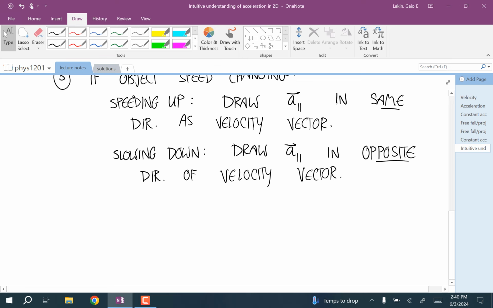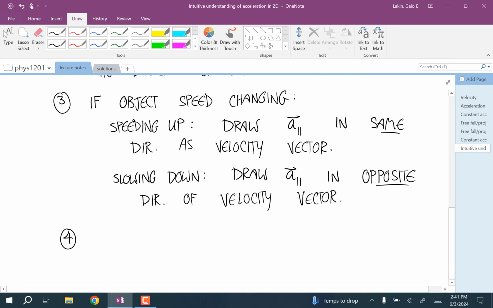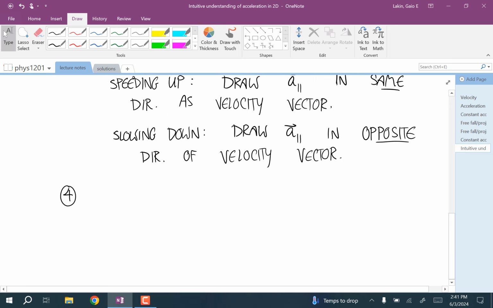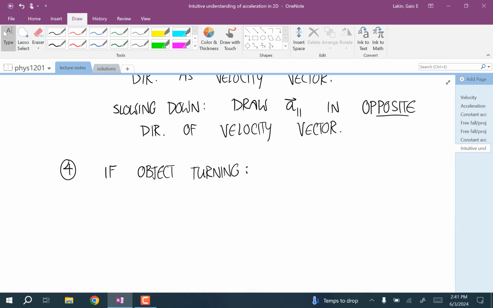And then the fourth step is, if the object is turning, we're going to draw a part of the acceleration perpendicular to the velocity in the direction that it's turning.